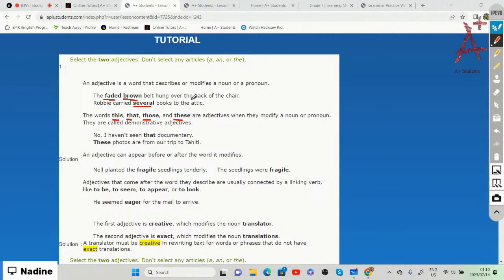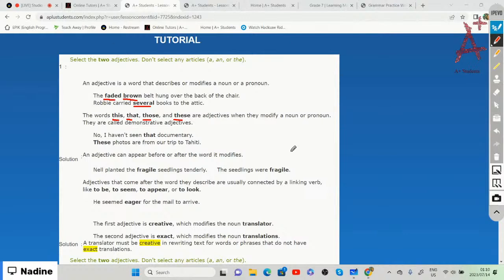So that modifies the noun. These photos are from our trip to Tahiti. These, right? It's a demonstrative adjective. These and that, right? And they modify a noun or a pronoun, right?